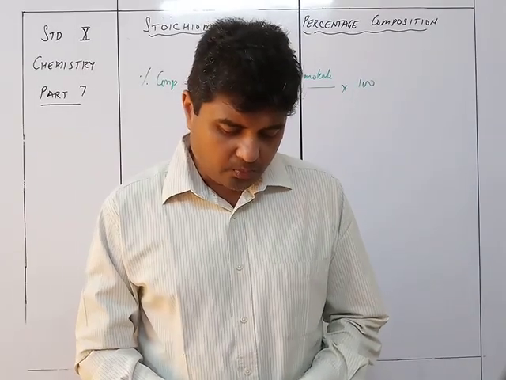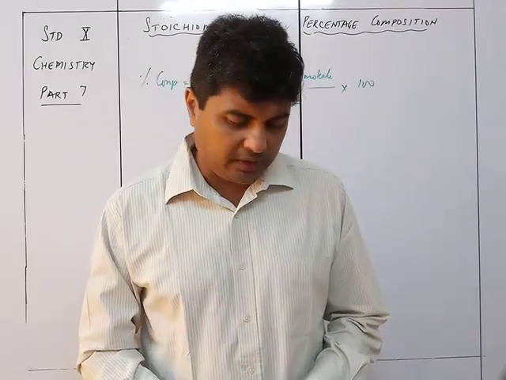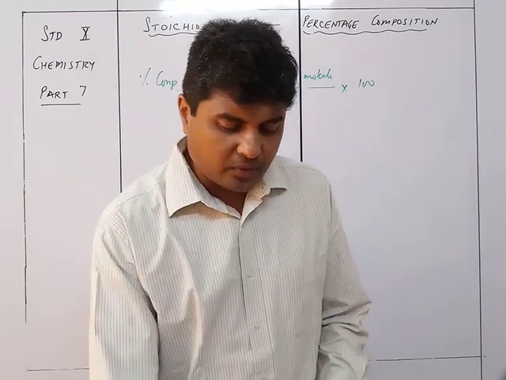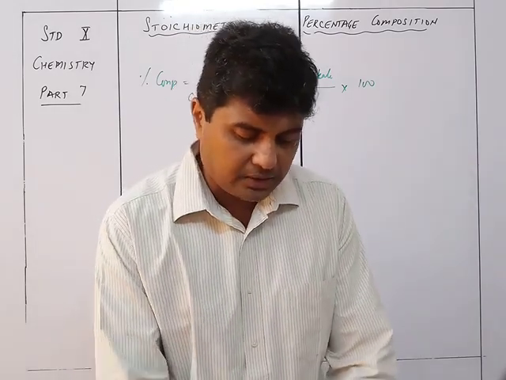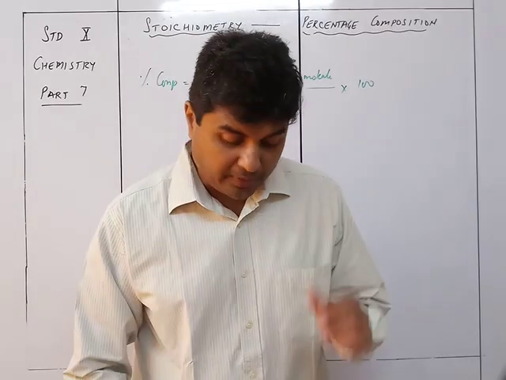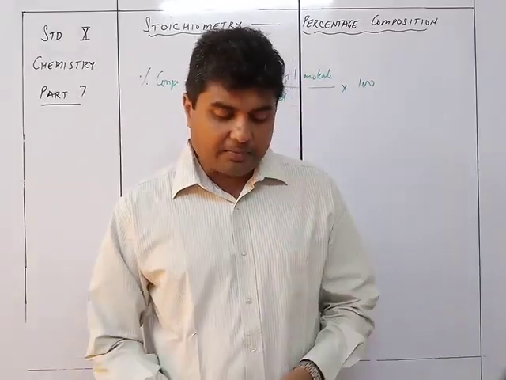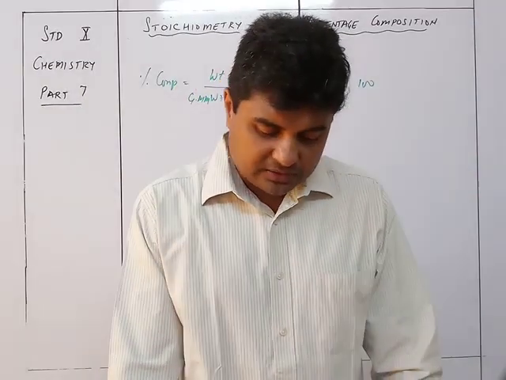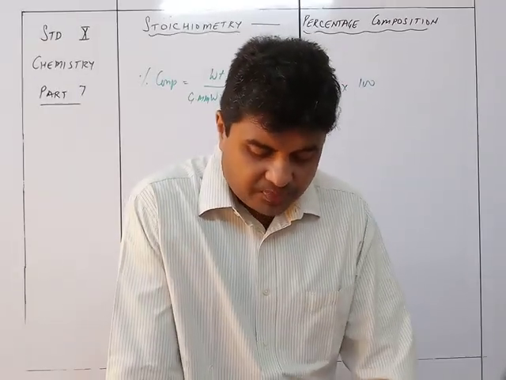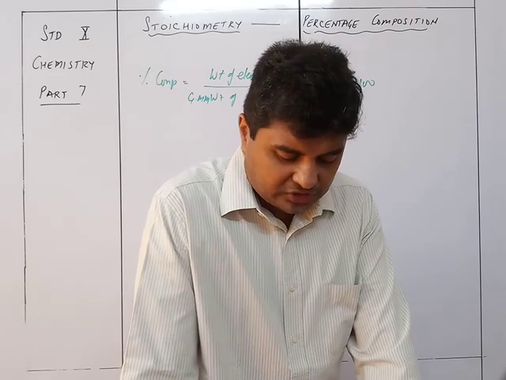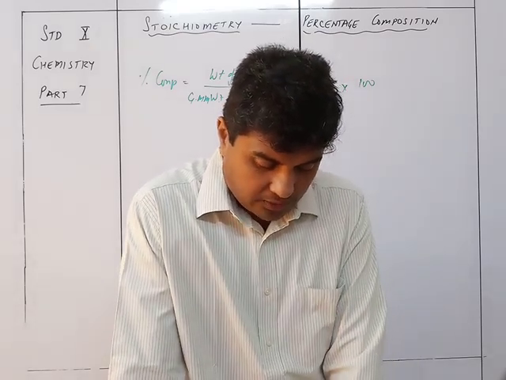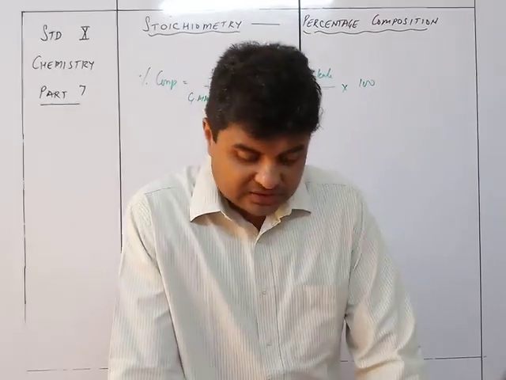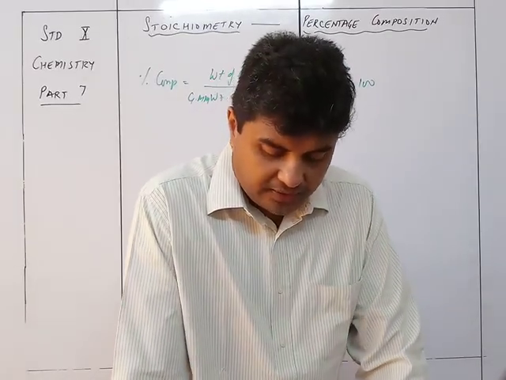We can just take one example first. We can take the 5th example given on page number 87. Calculate the number of molecules of water of crystallization in copper sulfate crystals, if 10 grams of hydrous copper sulfate crystals give 6.4 grams of anhydrous copper sulfate on heating.